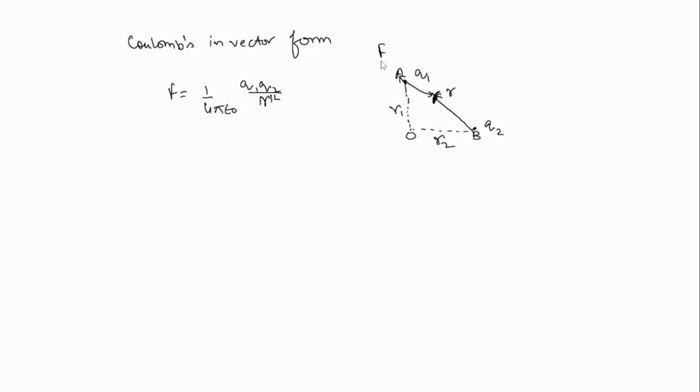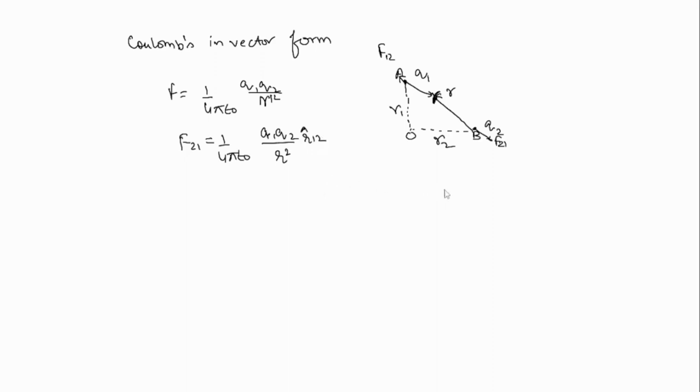This force is F12, that is the force experienced by one due to two, and this will be F21. Then for Coulomb's law in vector form, we represent that F21 is equal to 1 upon 4 pi epsilon naught Q1 Q2 upon R square unit vector R12.